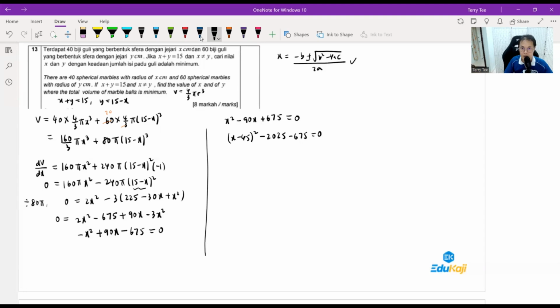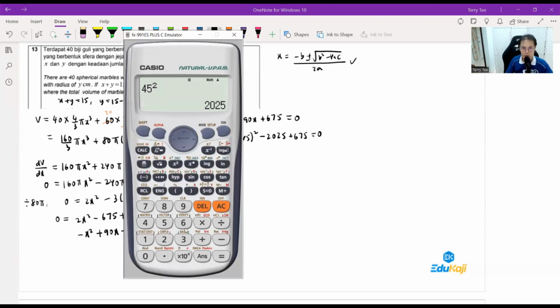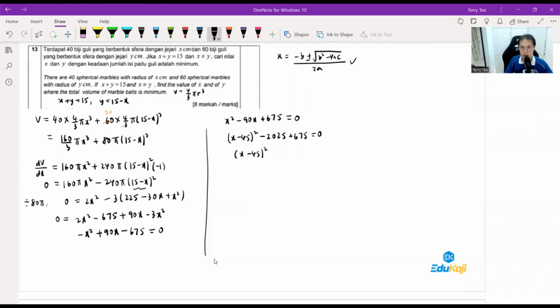Sorry, yeah, this is a plus. So minus 2025. You plus with 675. It will give us 1350. So let me write x minus 45 squared minus 1350. I bring it over.